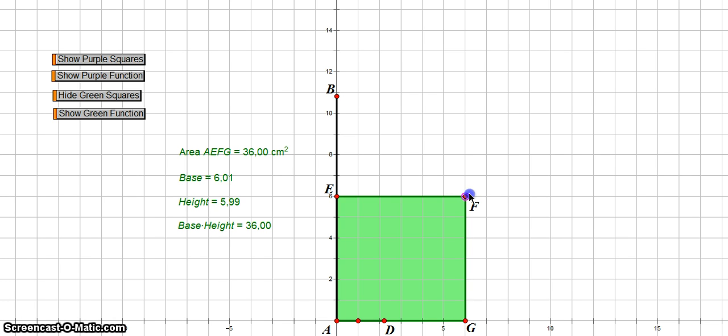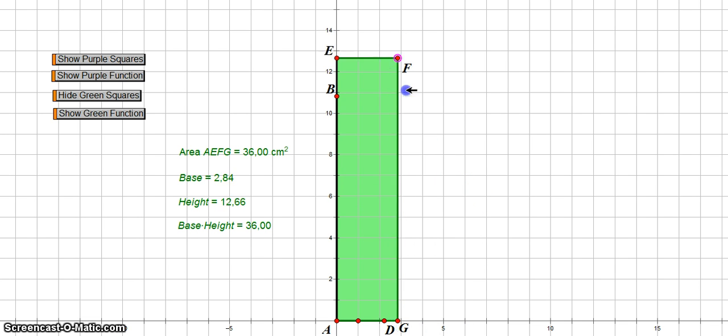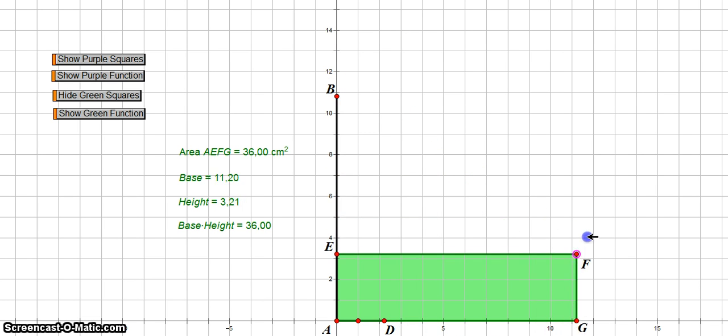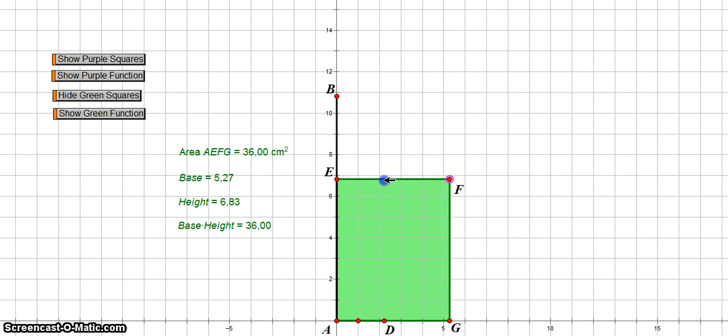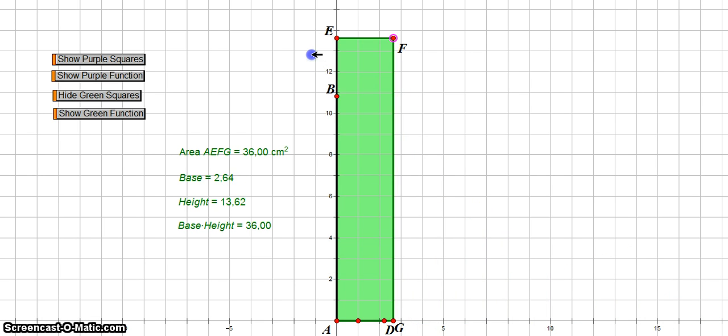Okay, once again, approximations are not easy, but here we saw them. This point, once again, is following a curve: if the base is longer, the height will be shorter, and if the base is shorter, the height will be longer, in order to achieve the same area that we want, that is 36 centimeters squared.